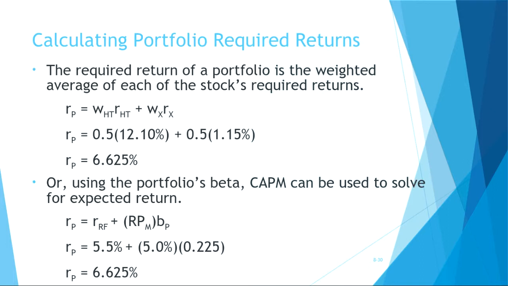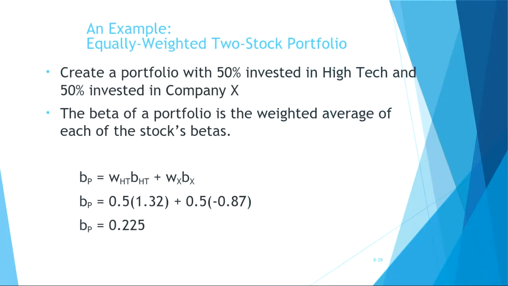We can calculate it like this, basically the weighted average of these. So we calculate the beta 1.225 for the portfolio.